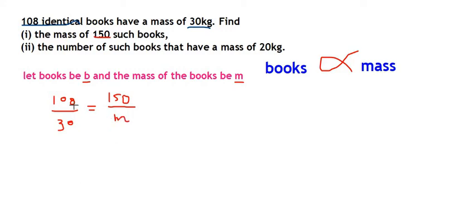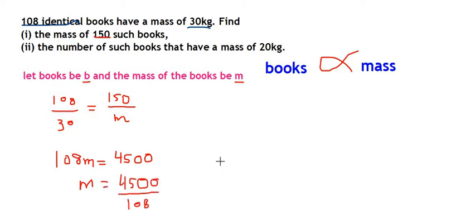Let's cross multiply 108 with M and 150 with 30. So 108M is equal to 150 times 30, which is 4500. Now we divide both sides by 108 so it can be removed from the variable M. So M is equal to 4500 by 108.